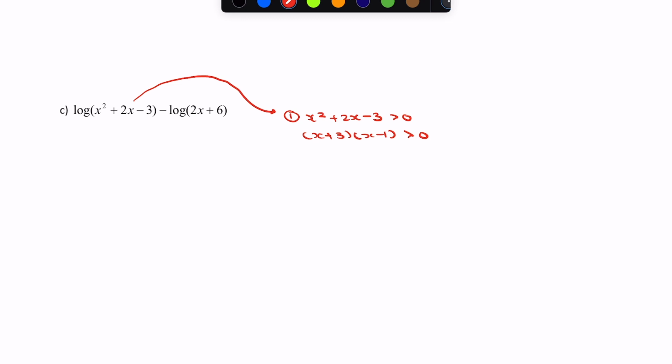And so again, we see that this is going to be a quadratic with 2 roots, one at -3 and one at +1.